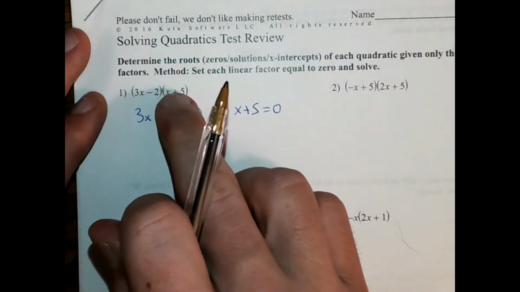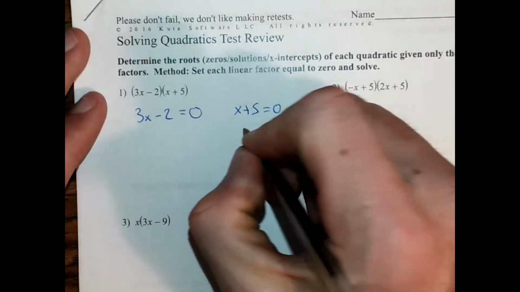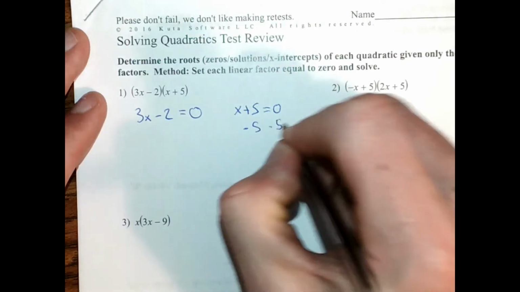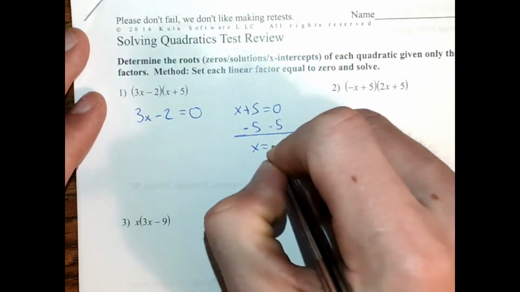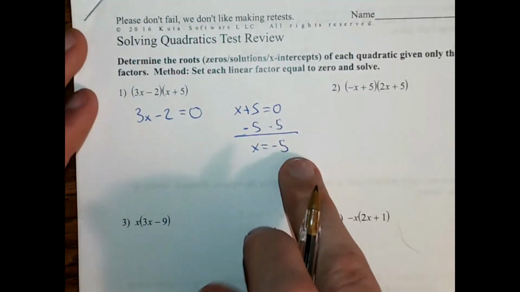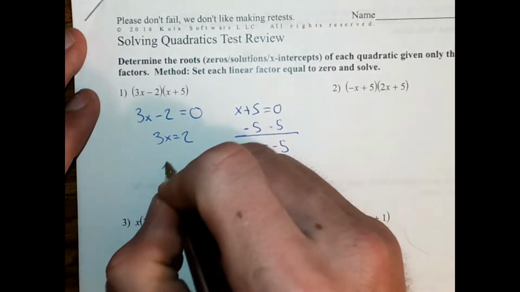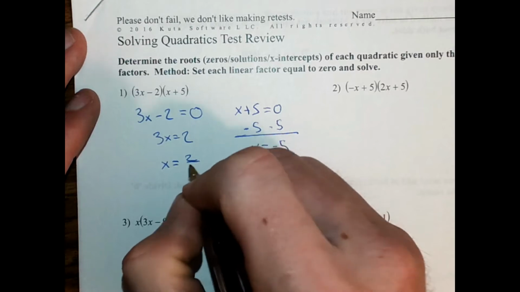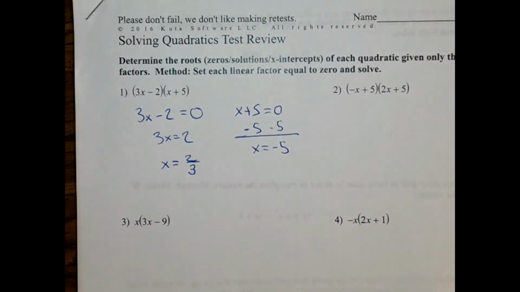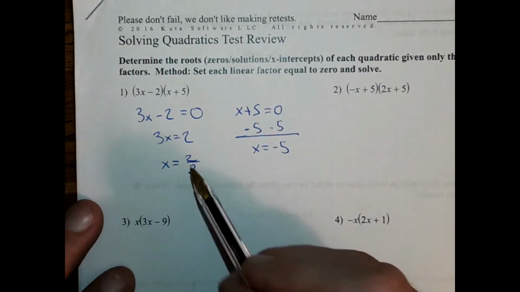In many instances it's mental math. I'll go ahead and work it out. Subtract 5 from both sides. One of our roots is x equals negative 5. And here if I add 2 to both sides and then divide both sides by 3, I've got my 2 roots here.